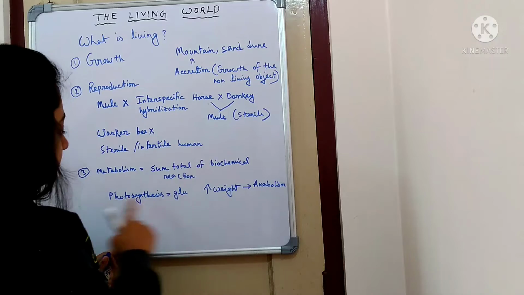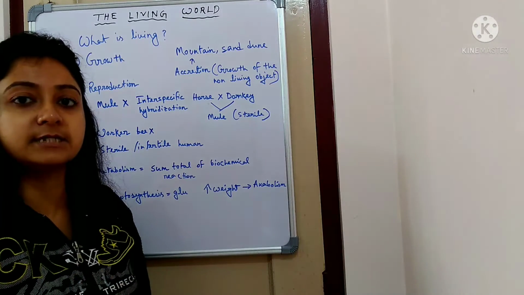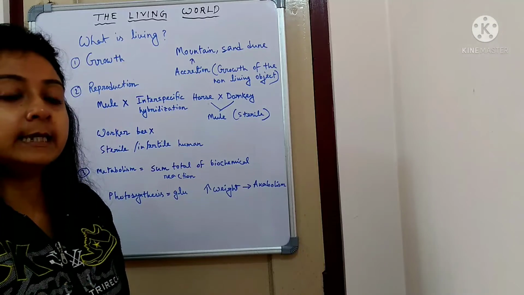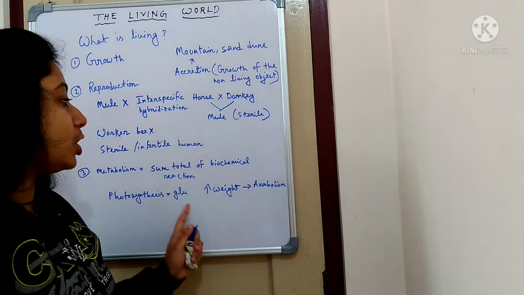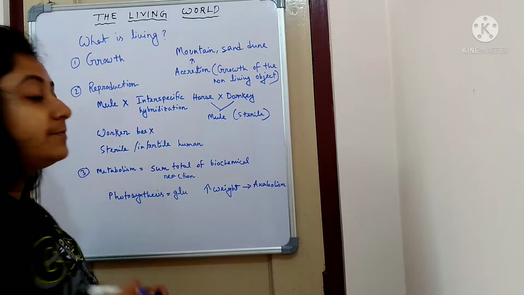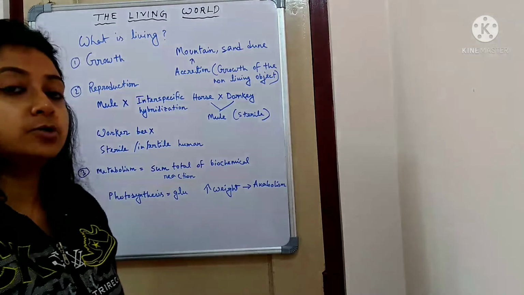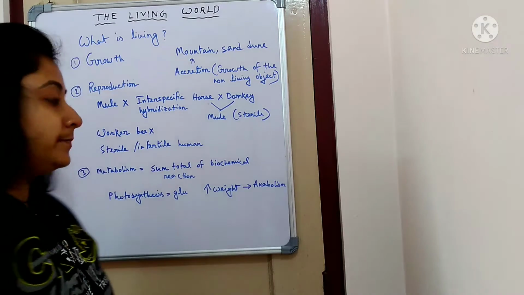In the whole scenario, we can find that some chemical substances are being made up. The making up of chemical substances occurs by the process of anabolism, and sometimes the breakdown of substances also occurs to produce energy.